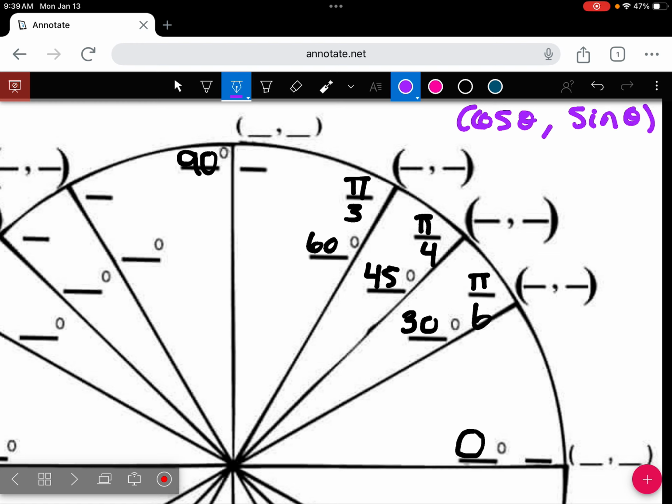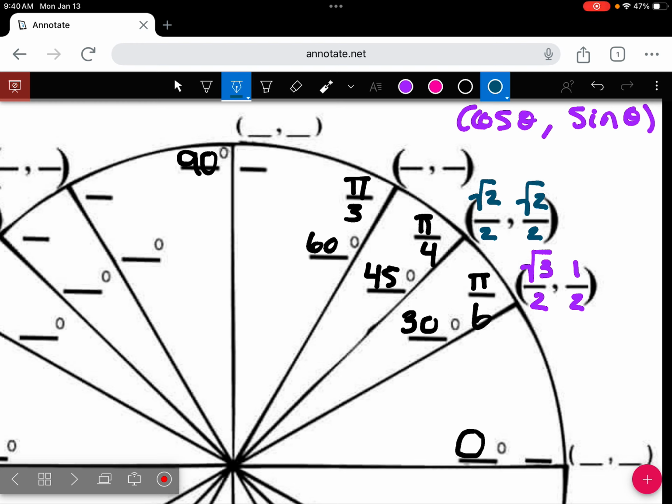So for our 30 degrees, that's when we had our cosine being the square root of 3 over 2, and our sine was 1/2. For 45 degrees, we had the square root of 2 over 2 and the square root of 2 over 2.